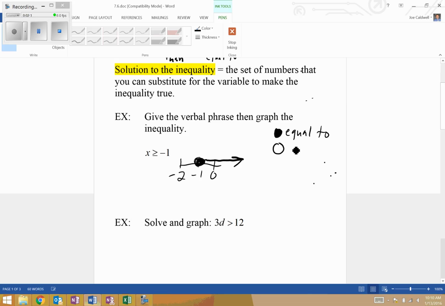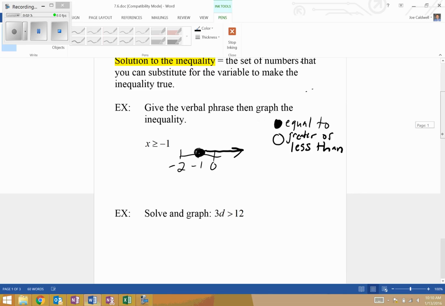A hollow circle indicates either just a greater than or less than situation. So in this case, x can equal or be greater than -1, so that's why we fill it in, it includes that, and it's going to go that way.